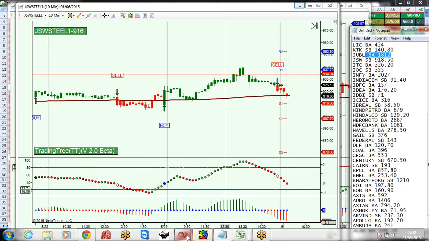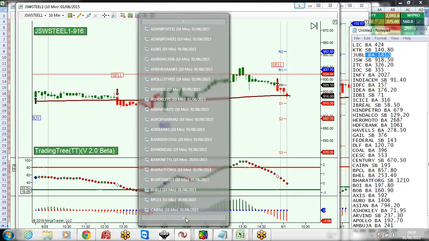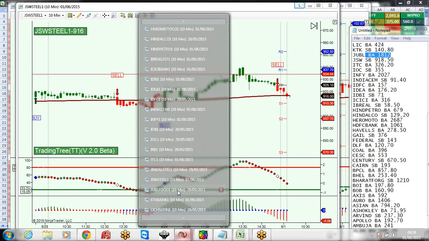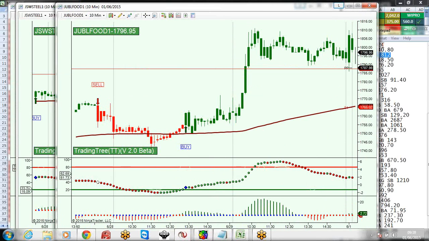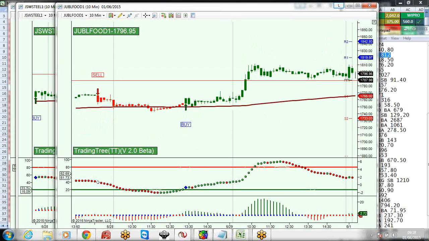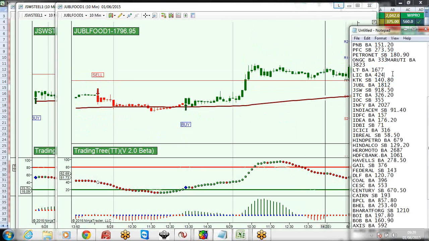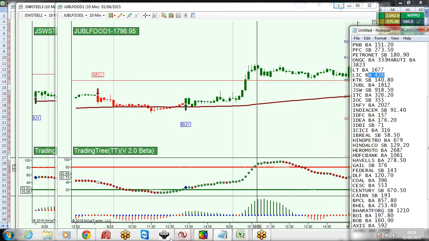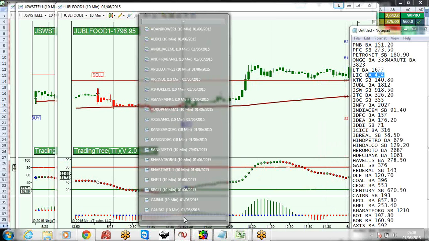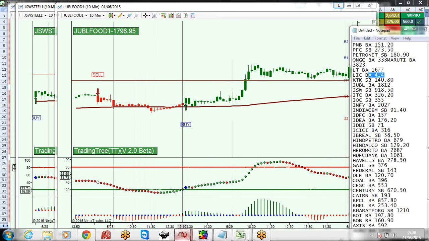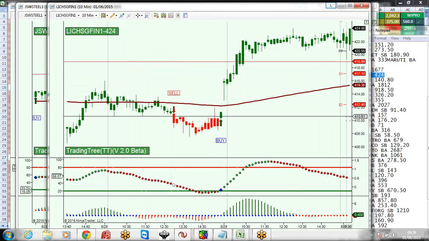Jubilant buy above 1812. Now it is at 1796. That's not triggered. KTK, we already have a buy call. LIC 424. So now it is at 424.